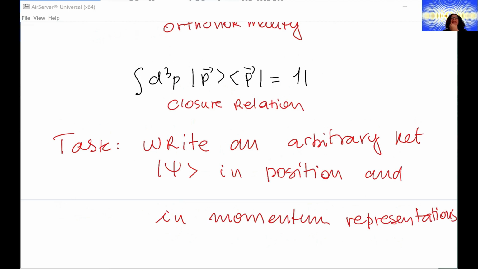And hopefully this will make it clearer to you why wave functions are less general than kets.